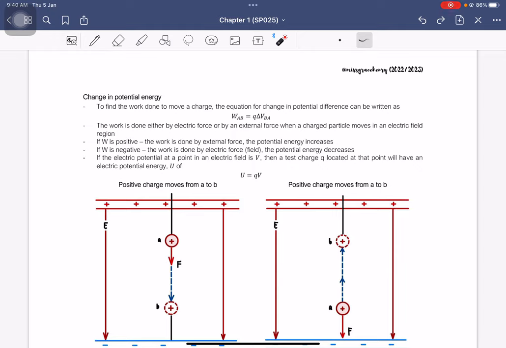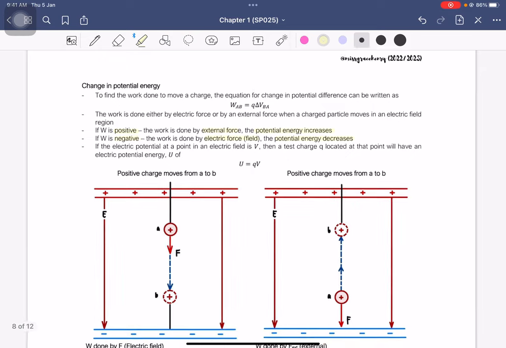If W is positive, the work is done by an external force, and the potential energy will increase. If the work done is negative, it is done by the electric force, and the potential energy will decrease.